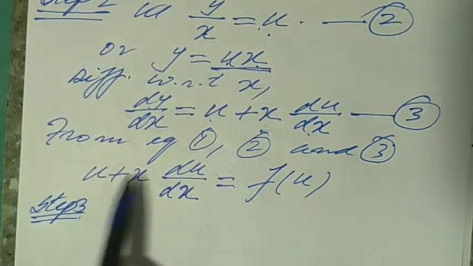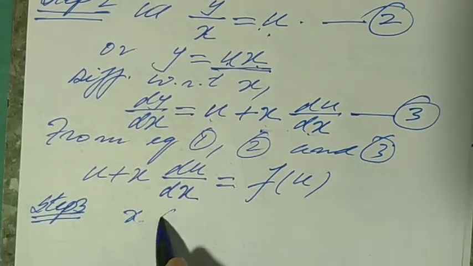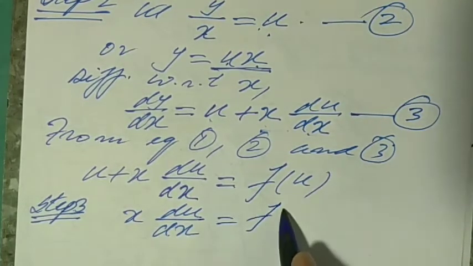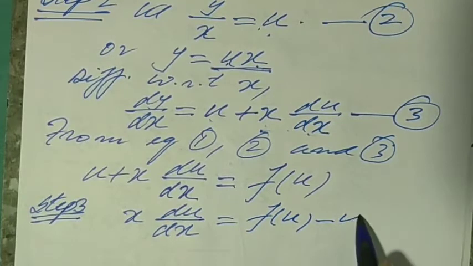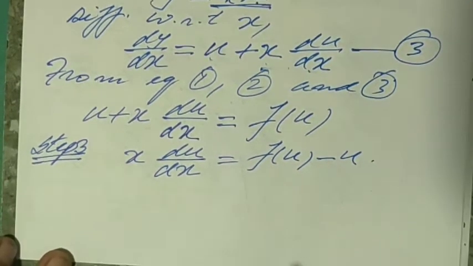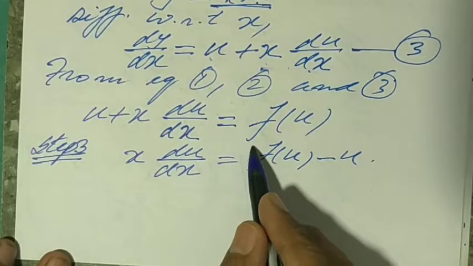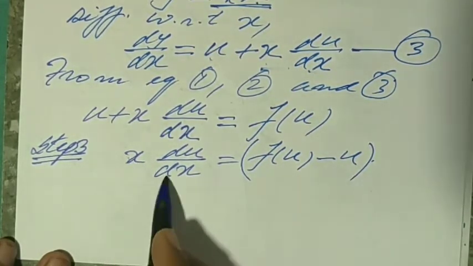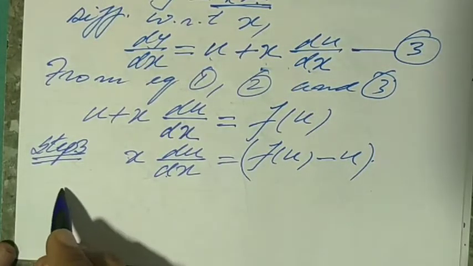then we transpose u to right hand side, so we get x du upon dx is equal to f u minus u. So in this way, on the right hand side, we get only function of u. After that, we transpose this whole expression to left hand side and x and dx to right hand side.